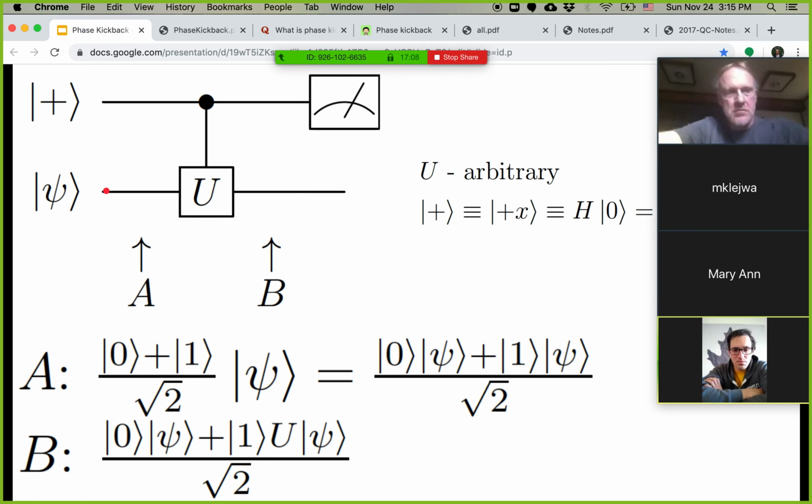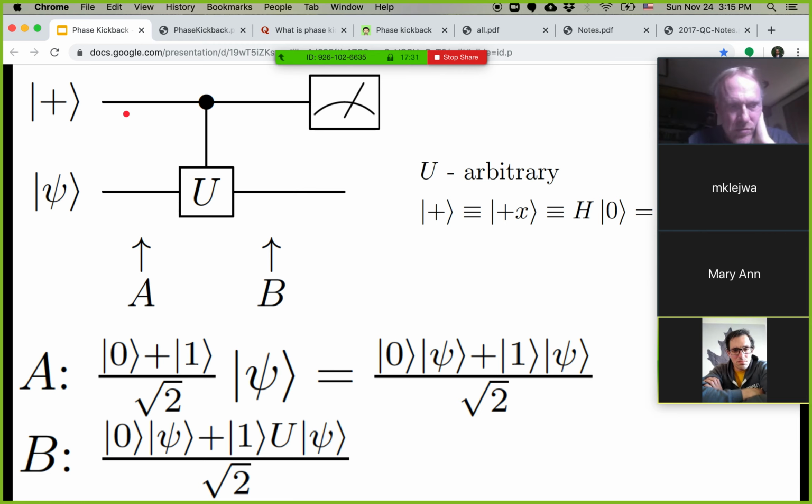Controlled NOT in the classical case works this way. If the control qubit is 0, then nothing happens, and both bits just travel to the output without any modifications. But if the control qubit is 1, then the target qubit gets flipped to its opposite. If it was 0, it becomes 1.